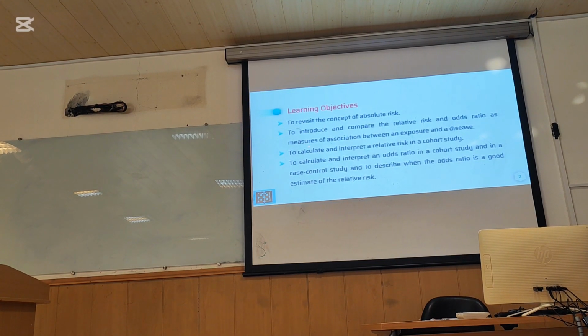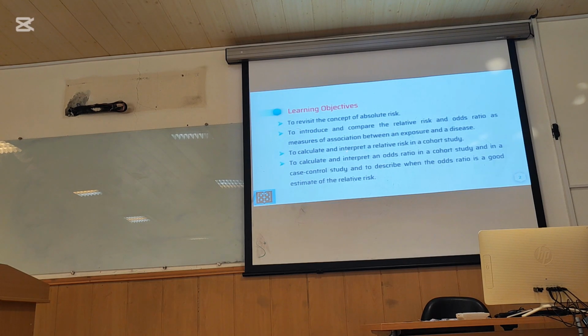And we should learn to calculate and interpret a relative risk in a cohort study, to calculate and interpret an odds ratio in a cohort study and in a case control study, and describe when odds ratio is a good proxy, or good estimate, of relative risk.